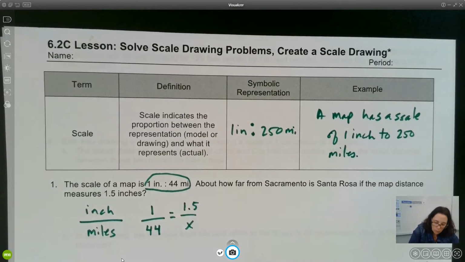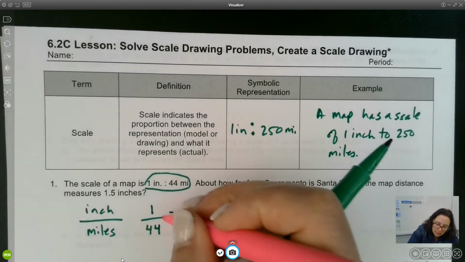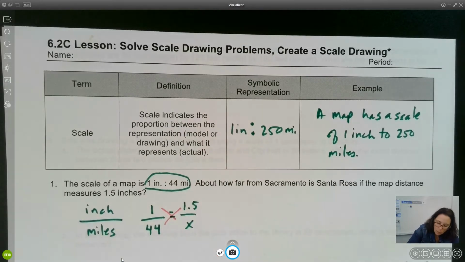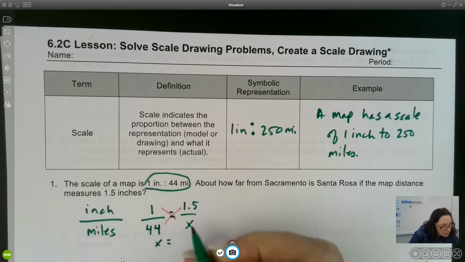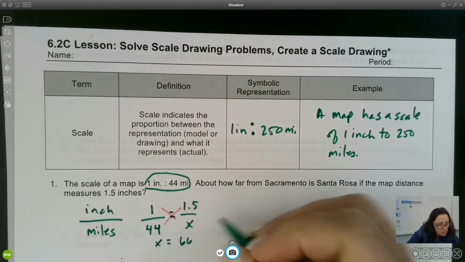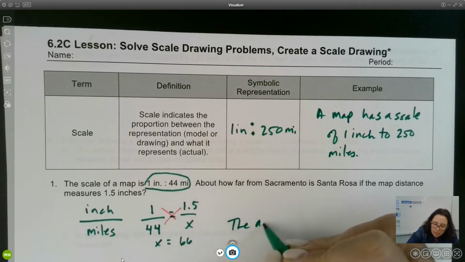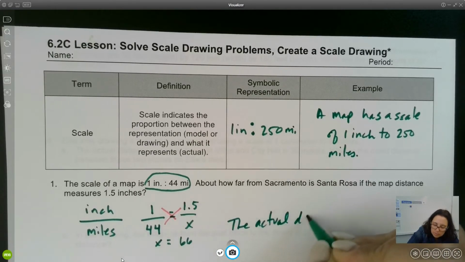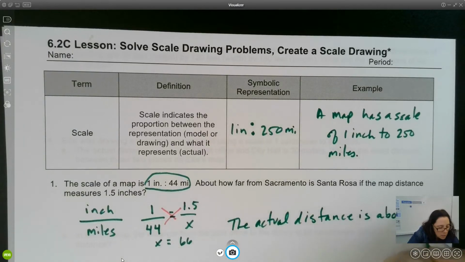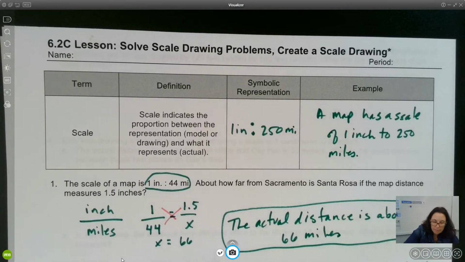Okay, so when I cross multiply like I learned last module, I get 1x equals 66. So the distance, I'm going to put the actual distance, is about 66 miles. That's our answer, and that's our work in solving that.